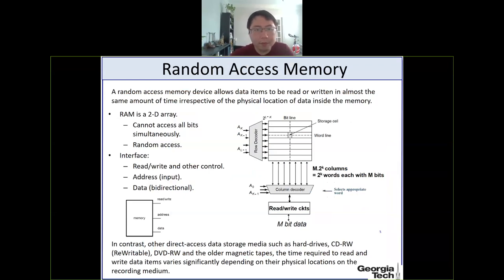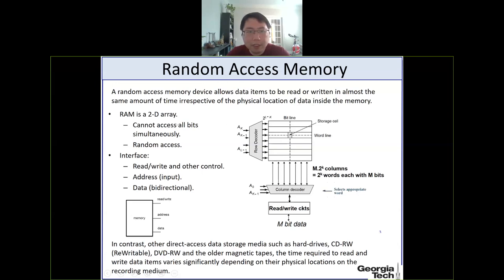Before we talk about the SRAM, we first need to understand what RAM is. RAM stands for random access memory. Random access memory means that when you access the data, which means either you read the data or write the data from the memory array, you spend almost the same time irrespective of the physical location of the data.